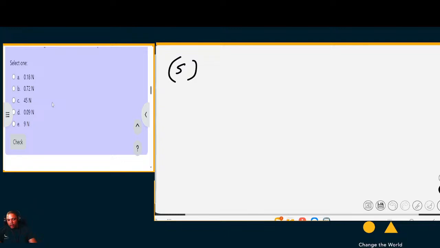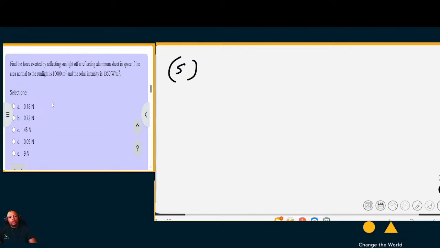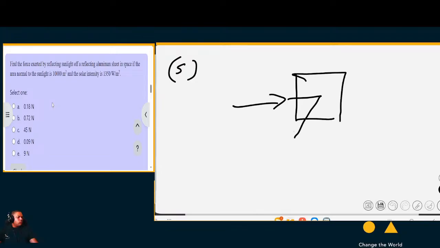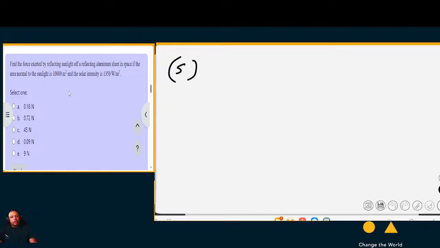Okay, so they want the force exerted by reflecting sunlight. So how much force when sunlight hits this aluminium sheet? It bounces off, it reflects off, but it does exert a force on the reflective sheet.